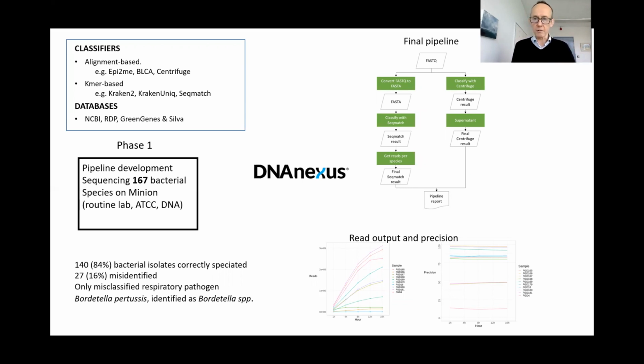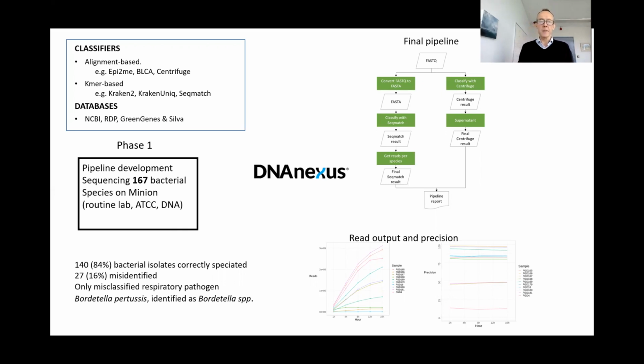We needed to ensure that we could sequence those bacteria. And then when you use classifiers, either programs to align them against known sequences, or what's called a k-mer based classifier against a number of databases, you would accurately identify the bacteria to species level.